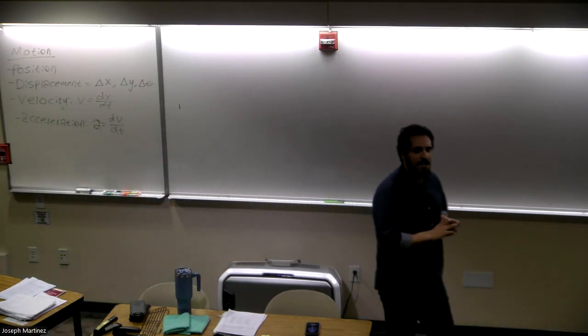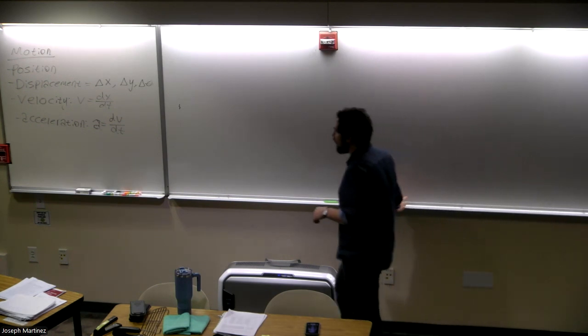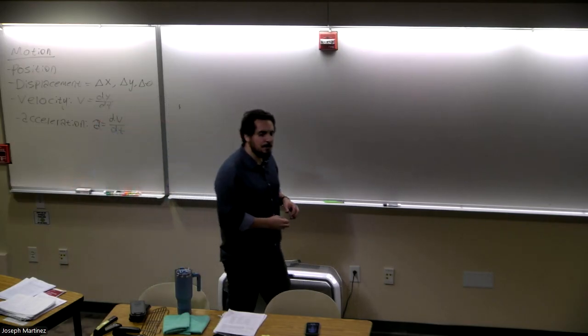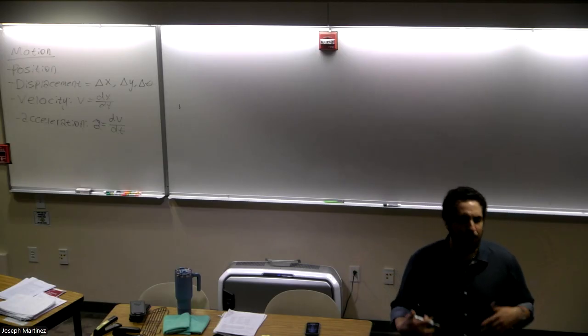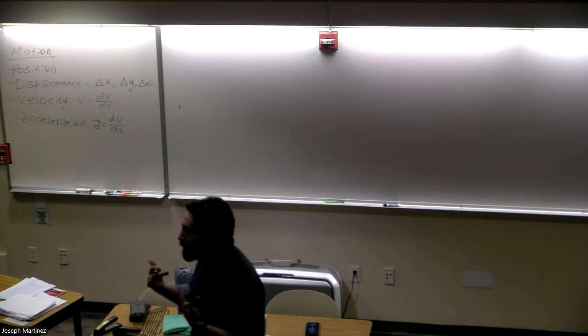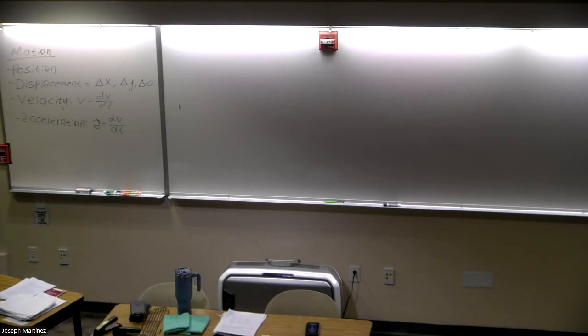Now, velocity is a vector, right? We say velocity is a vector. Why? Because it depends on which direction you're going. Again, 60 miles per hour north is different than 60 miles per hour south. You'll end up in vastly different locations or vastly different positions. So when it comes to velocity, direction absolutely matters. It's a vector. Acceleration also is a vector.